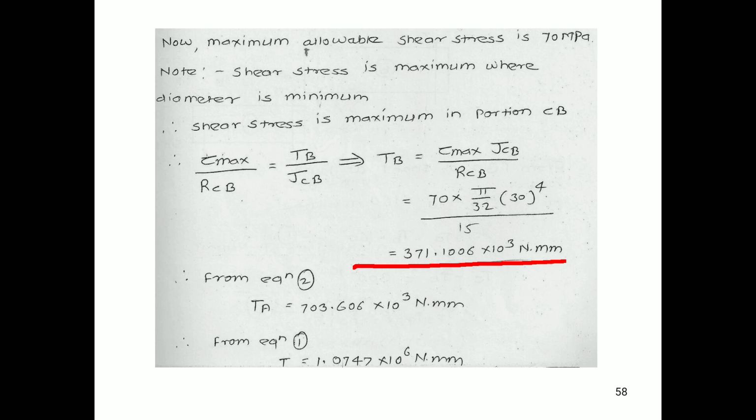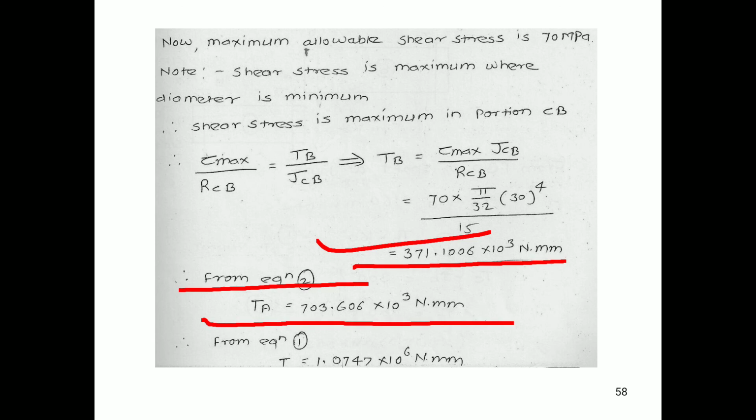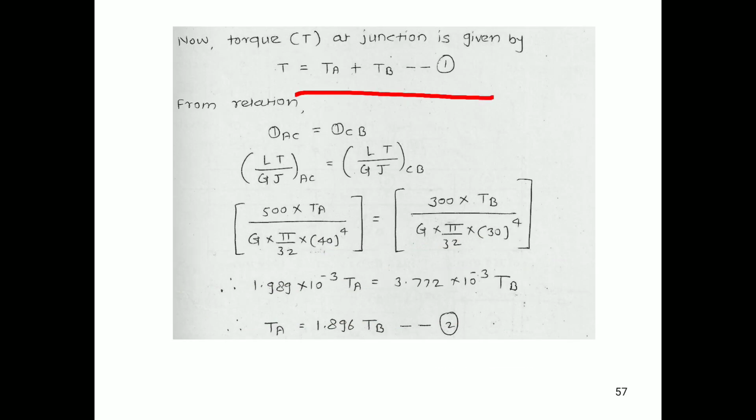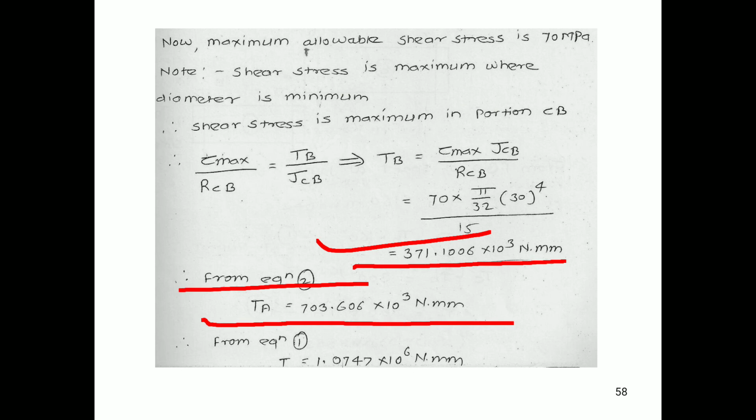Once you know this value, from equation 2 we can easily find the value of torque at A also, that is torque at A is 703.606 into 10 raised to 3 Newton mm. As we have found the values of TA and TB, from equation 1 we have the torque at C, that is 1.0741 into 10 raised to 6 Newton mm.